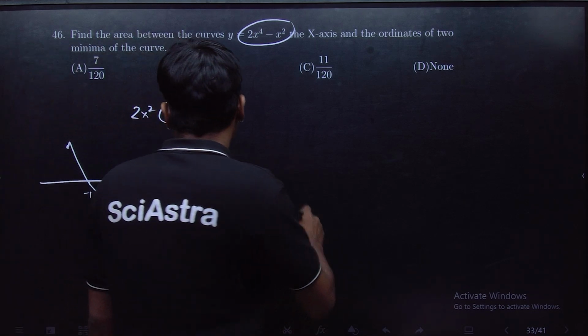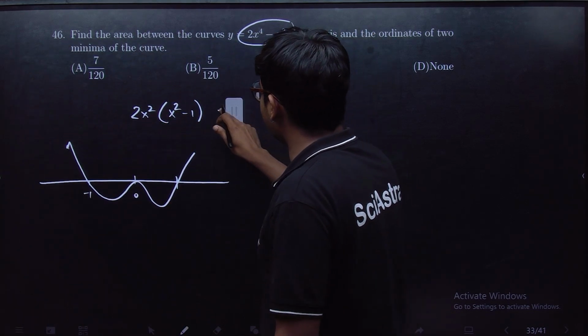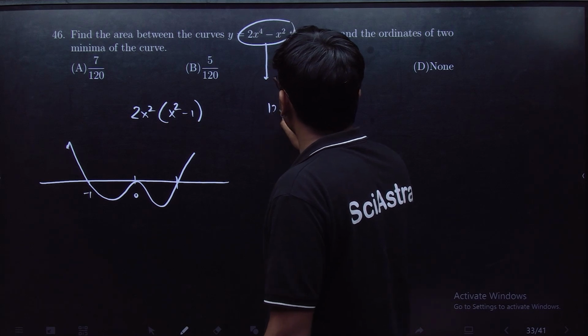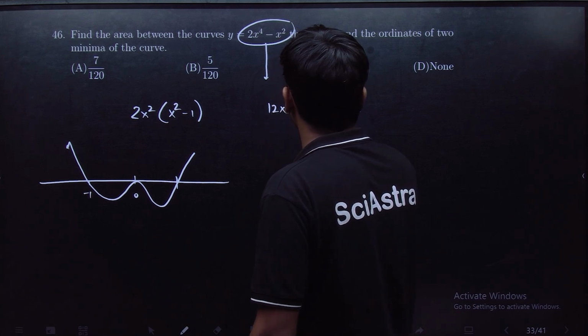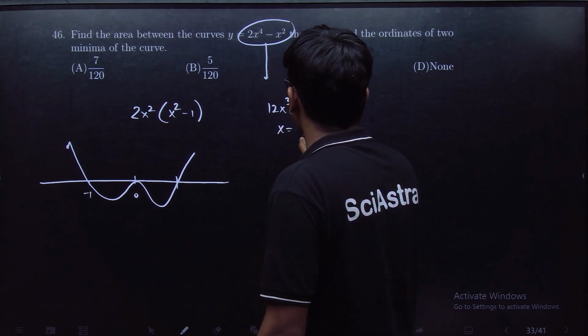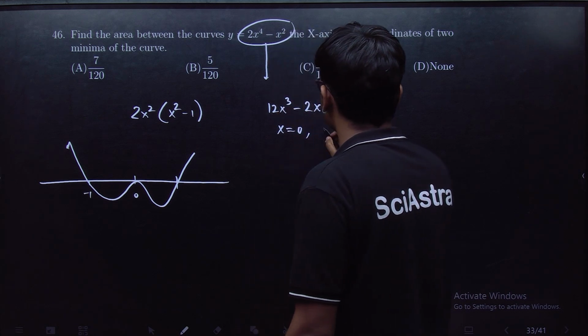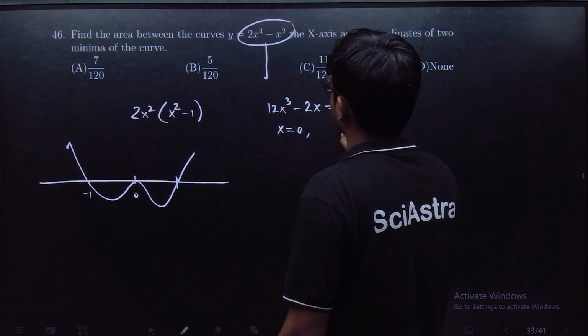Now we need to find the points of minima of this function. So just differentiate it, you'll get 8x cubed minus 2x equal to 0.